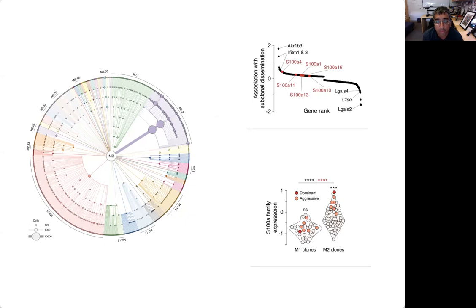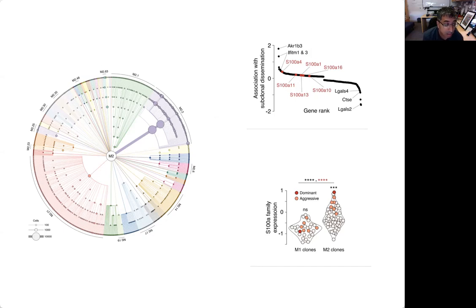Something that was interesting is that some of the top ranked genes associated with subclonal dissemination were these S100A genes, this large family of genes that act potentially as autocrine or paracrine signaling molecules. And what was interesting was that the association of these genes with dissemination was not restricted to a single clone.